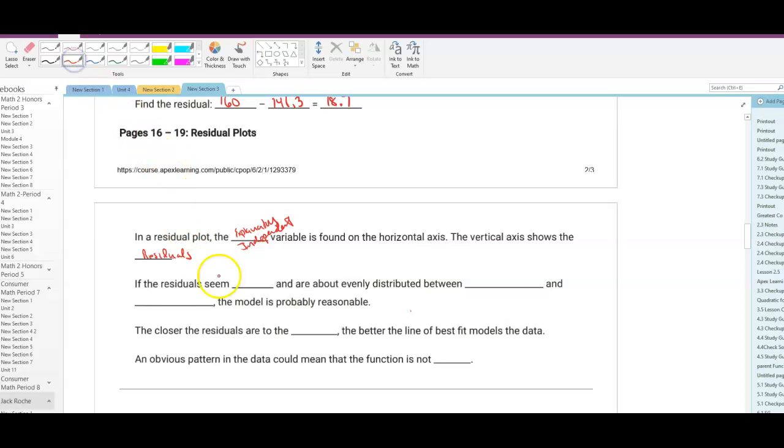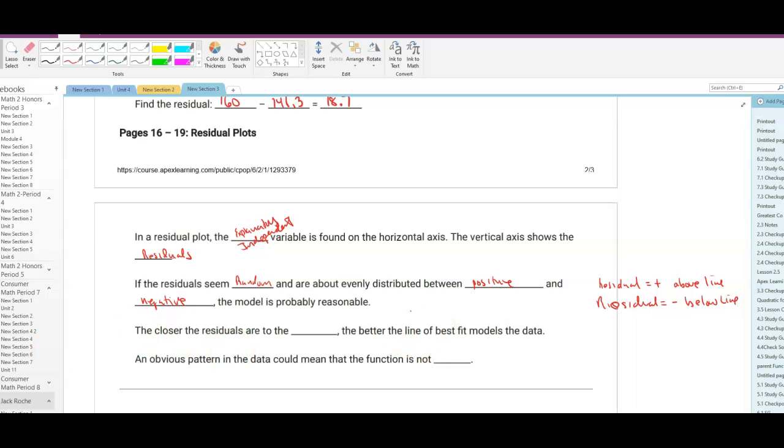So basically, if these residuals seem random and are about evenly distributed between positive and negative, that means the model is probably reasonable. Now, here's the thing. If your residual is positive, that means it's above the line. If your residual is negative, it is below the line.